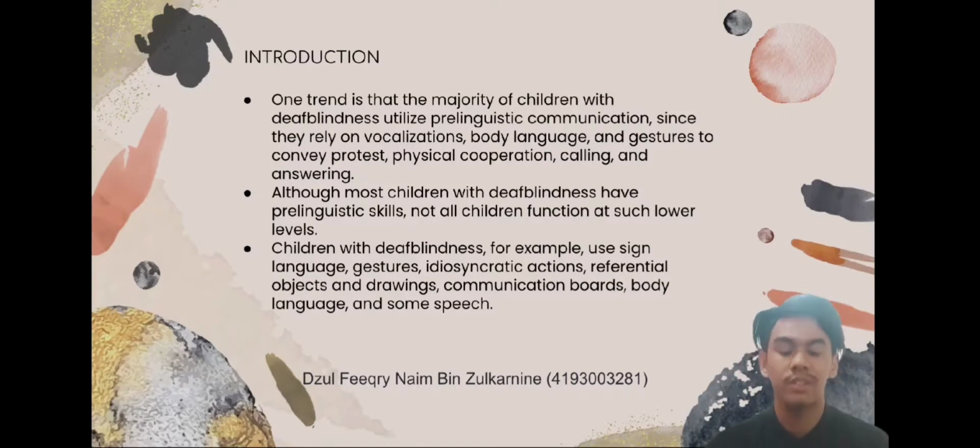Although most children with deaf blindness have pre-linguistic skills, not all children function at such lower levels. Children with deaf blindness, for example, use sign language, gestures, idiosyncratic actions, referential objects and drawings, communication boards, body language and some speech.